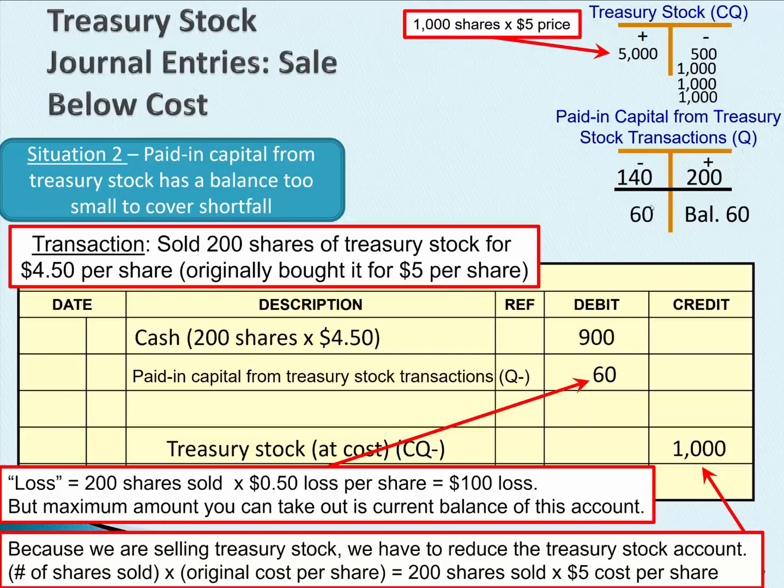So this transaction still doesn't balance. We need $40 on the debit side. And the rule is if the paid-in capital from Treasury stock transactions account cannot absorb the whole loss, then we have to lower retained earnings.